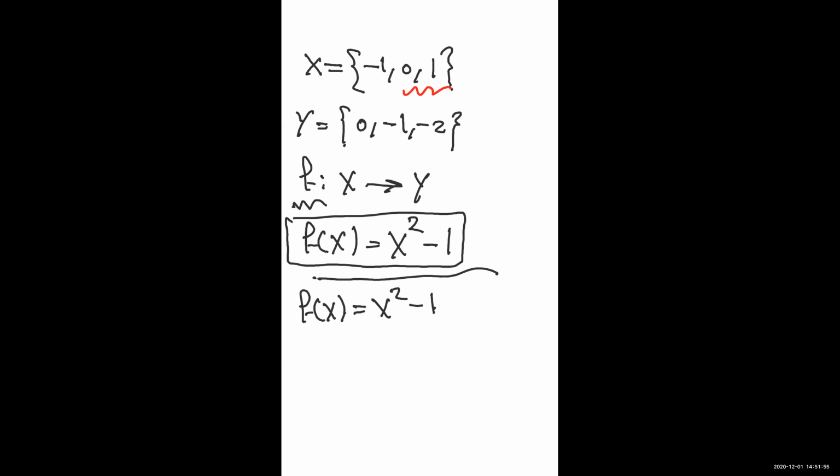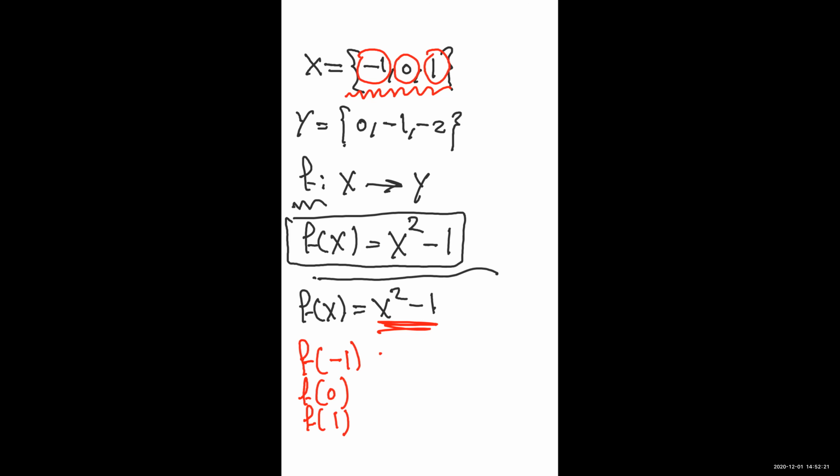It's -1, 0 and 1. So first I'm going to use these values as values of x and substitute them in the function. First f of -1, then f of 0, then the last one f of 1. I'm using these values, -1, 0, and 1.